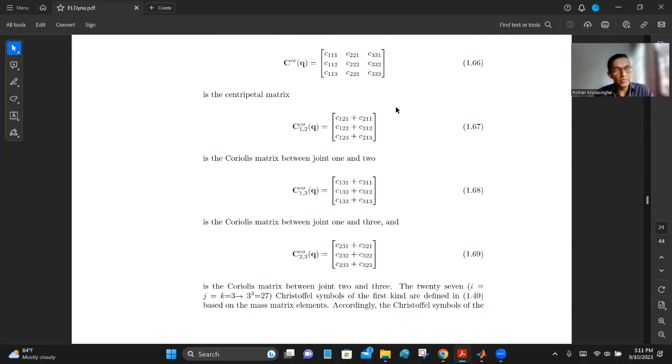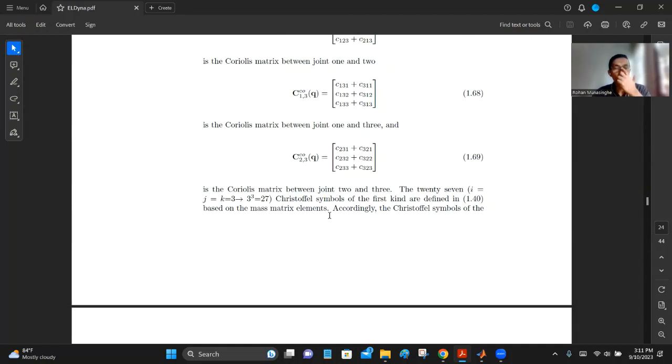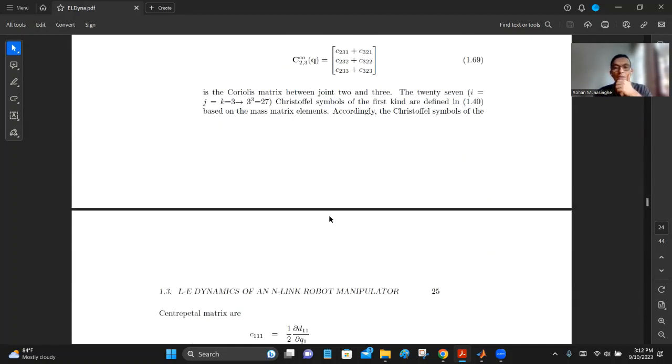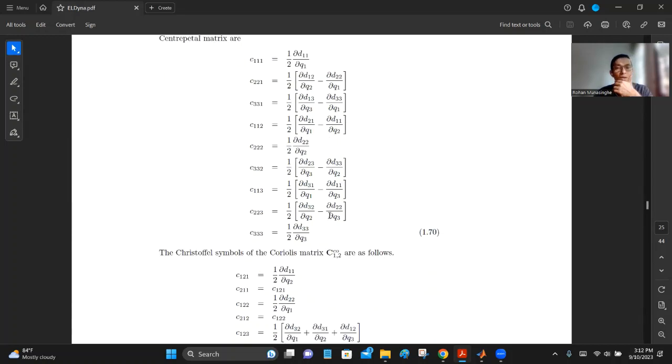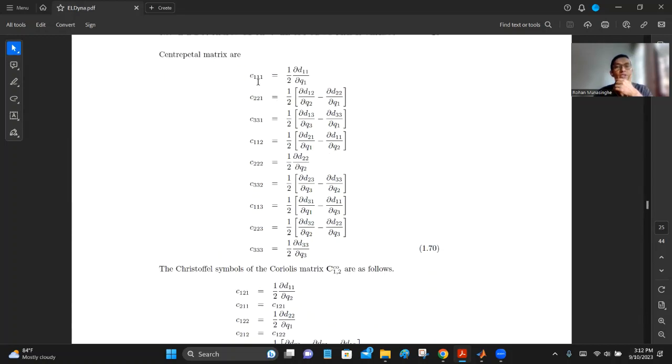So Christoffel symbols are very important, therefore. It represents the coupling between these forces, because of centripetal force and because of Coriolis forces, right? All right. Now, here you are with the Christoffel symbols C111 to C333.